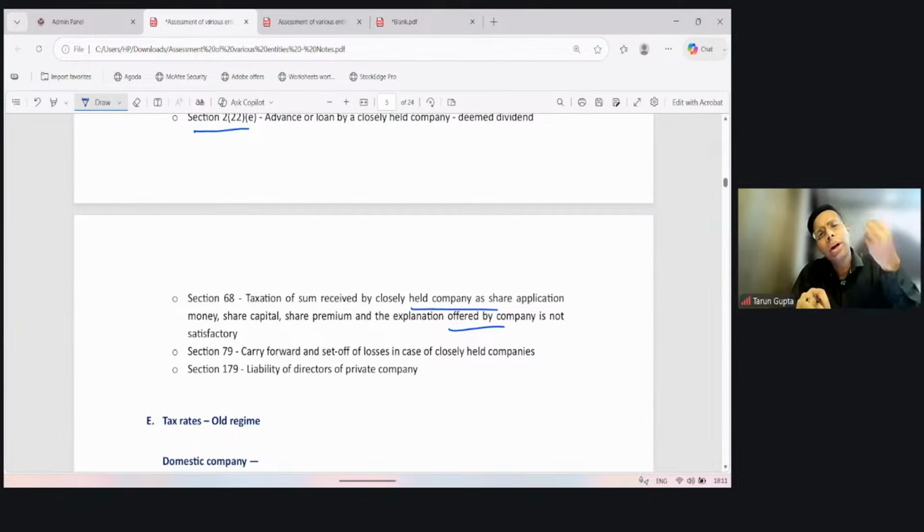So these are some of the provisions which are applicable only in respect of closely held company. They are not applicable for the companies in which public are substantially interested. Okay. So this is the reason we are required to understand the meaning of this term, to examine whether a company falls under the category of closely held or widely held, because my tax provisions will differ as per the classification.